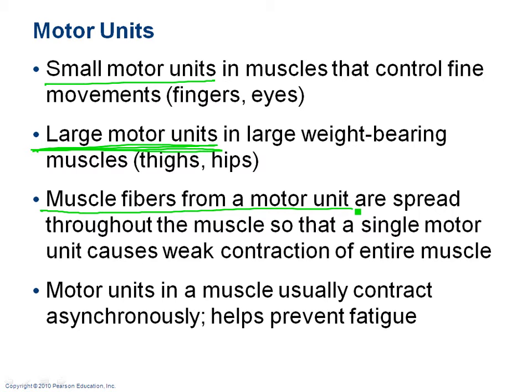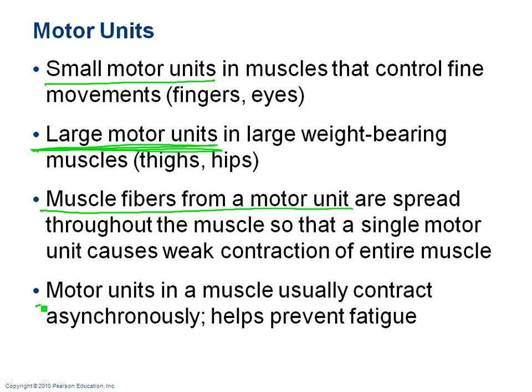That's important, because when you stimulate one motor unit, if its fibers are scattered around, then the whole muscle will wind up contracting. If they were all bundled together in one location, just that little section of the muscle might contract.